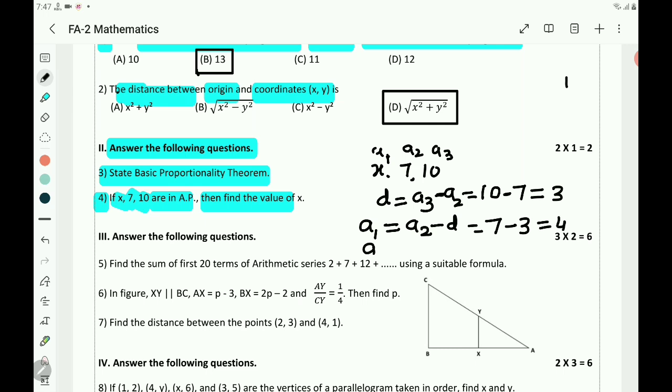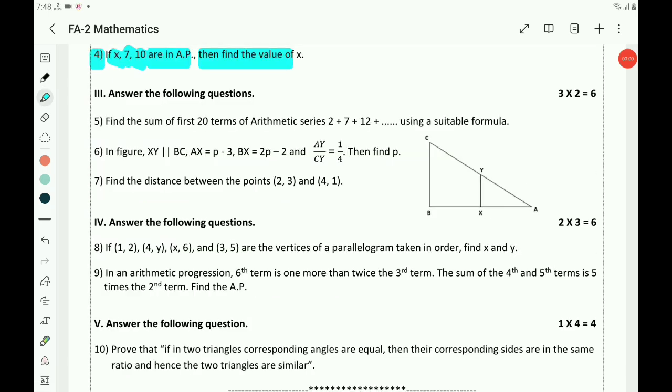So you got a1 equals x equals 4. Then what is the value of x? Therefore, x equals 4. Next question, third main, answer the following questions. These are 2 marks questions, 3 questions are there.